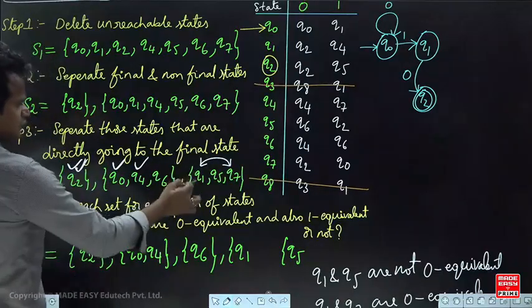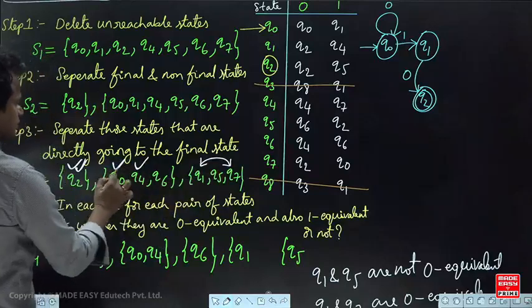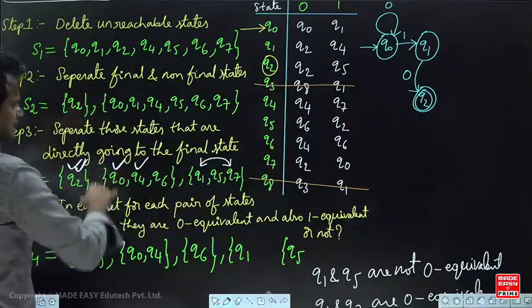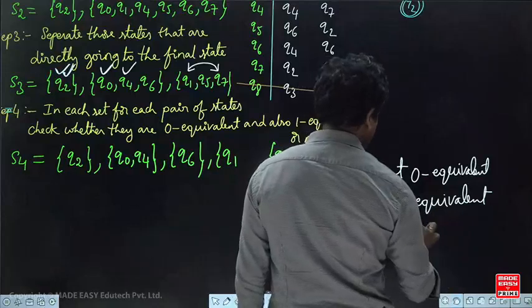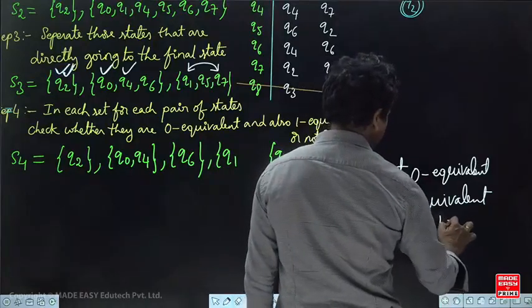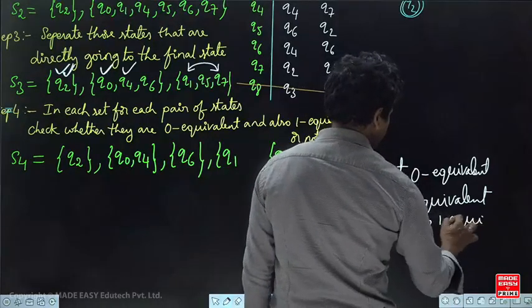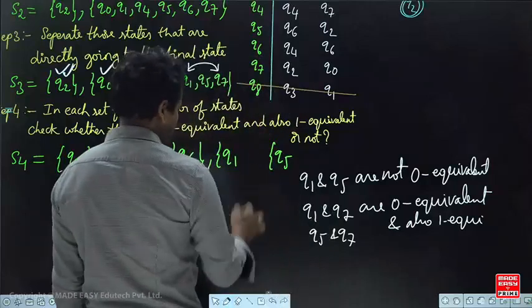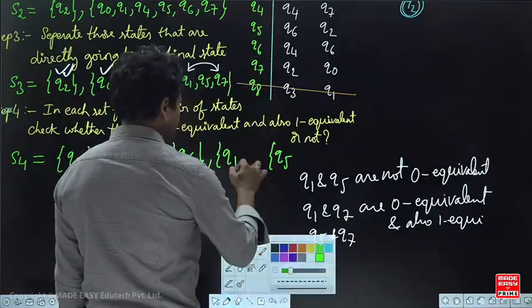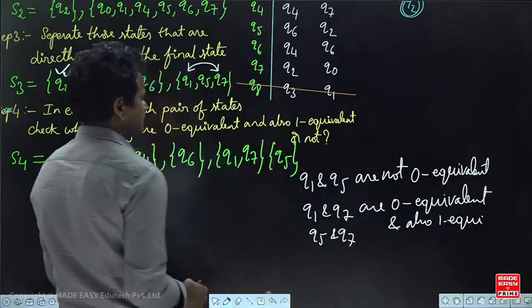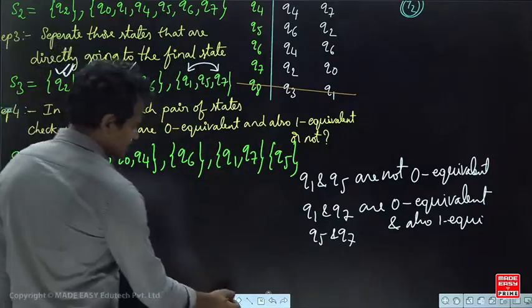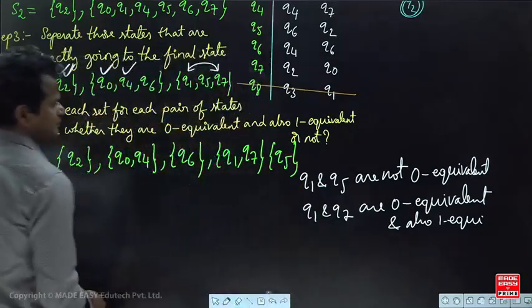I repeat, for input 1, both outputs Q0 and Q4 are in the same set. Therefore, Q1 and Q7 are 0 equivalent and also 1 equivalent, so we cannot separate Q1 and Q7. When Q1 and Q7 are 0 equivalent, you need not check Q5 and Q7.